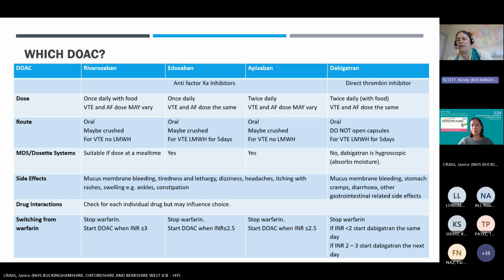The FBC needs done too, as we've had the question about the hemoglobin. That would be a sign of anemia, maybe related to GI bleeding, for example. So yes, they should have those done as well.